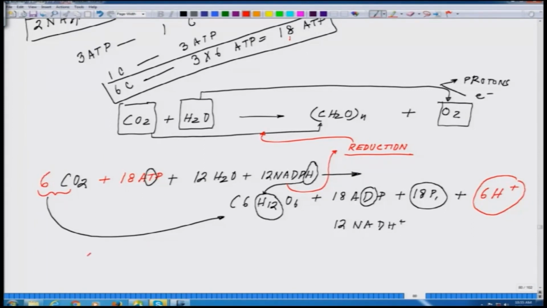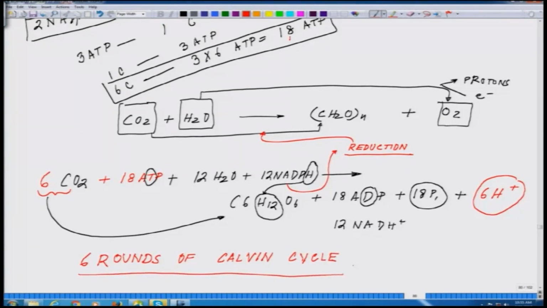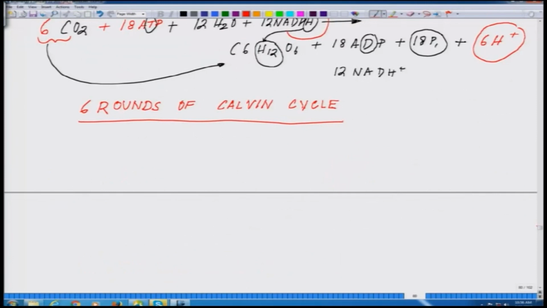If we go through 6 rounds of Calvin cycle, this is what you expect. This is the sum total of the energy expenditure of 6 rounds of Calvin cycle. When you go through it, this is what you will obtain.